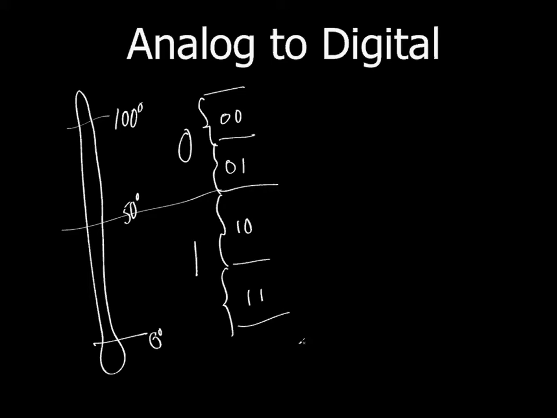Adding another bit doubles the 4 zones of temperature, and if we have 3 bits in total, this allows 8 zones. So if we continue to divide this up even further, we could have 8 possible zones.